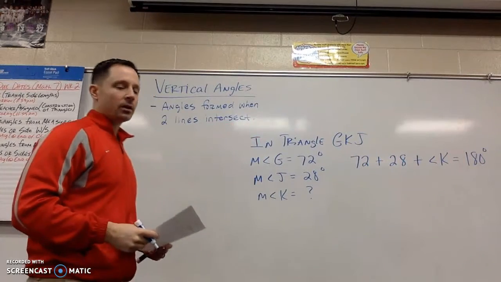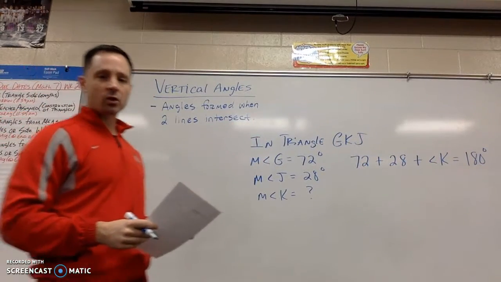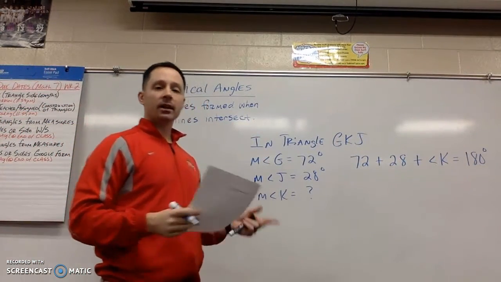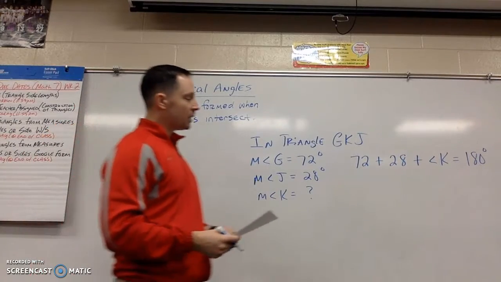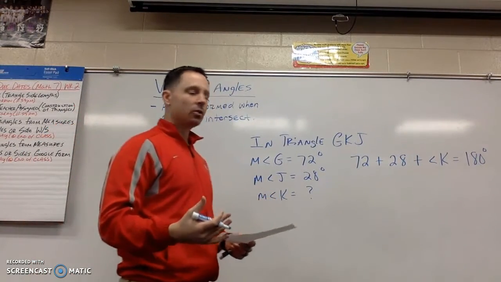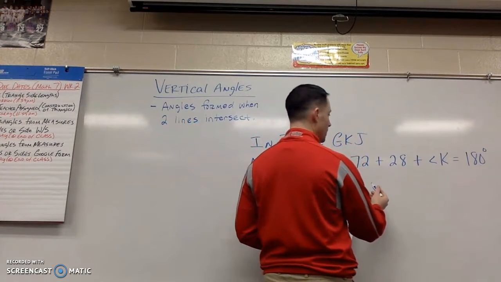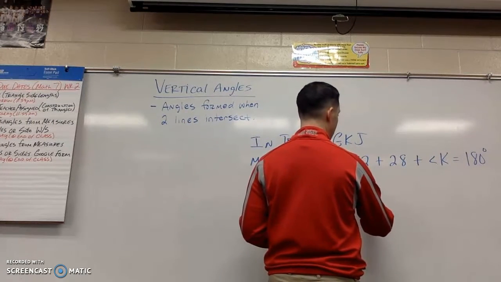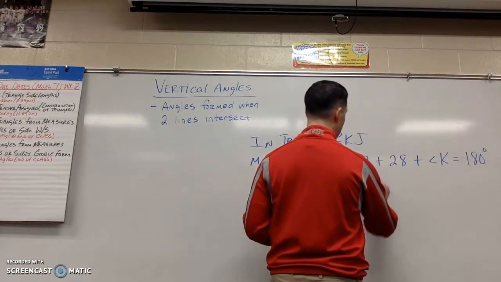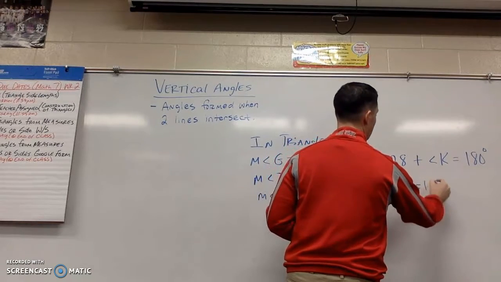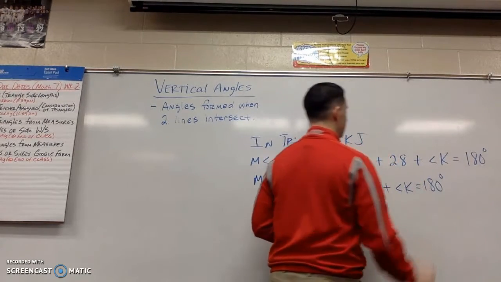So 72 plus 28 plus angle K, which we don't know yet, equals 180 degrees. So let's add up 72 and 28. That gives us exactly 100 plus angle K equals 180 degrees.